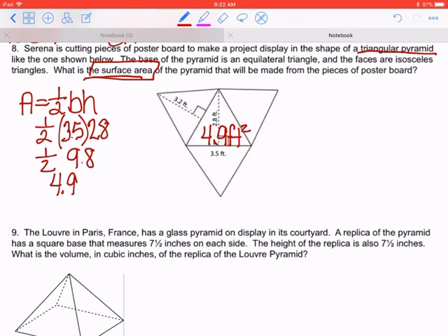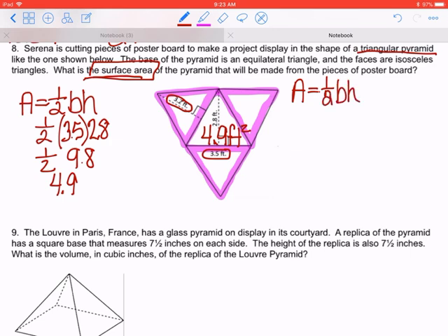Now I'm going to go over to the other triangles. These 3 triangles on the side are identical, and they measure 3.5 for the base and 3.2 for the height. Again, I'll use the formula A equals 1/2 BH, but this time the base is still 3.5 and the height is 3.2. 3.5 times 3.2 is 11.2.